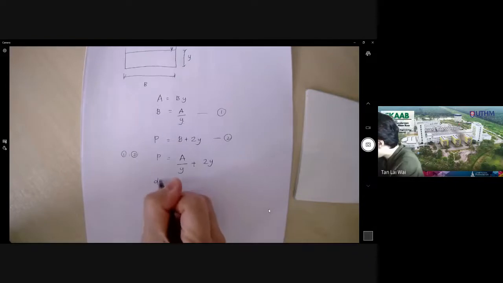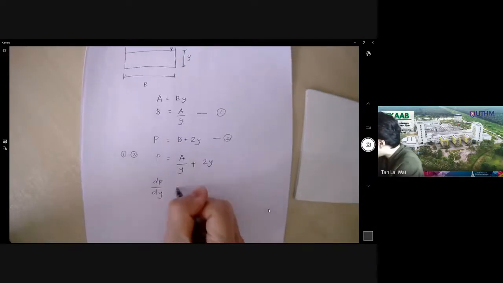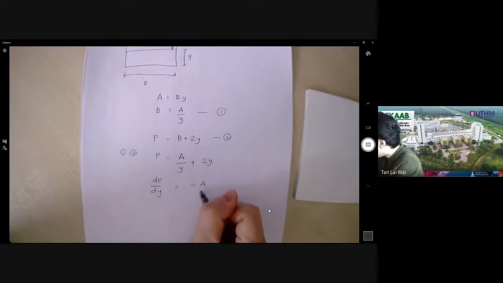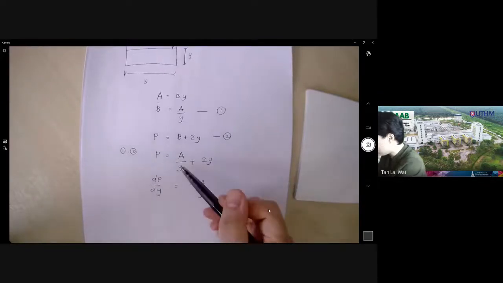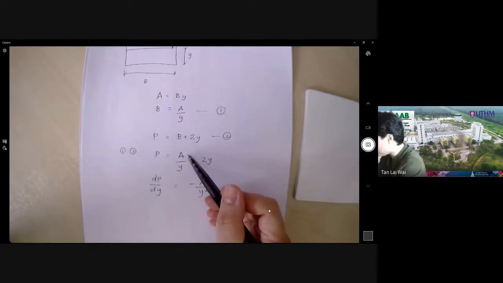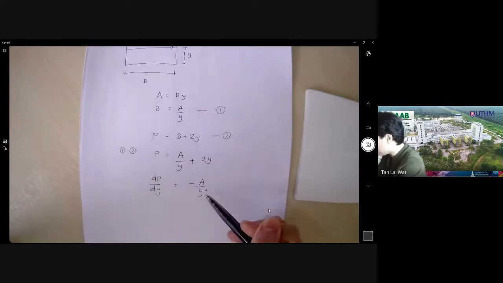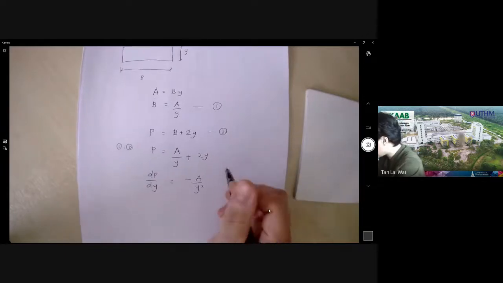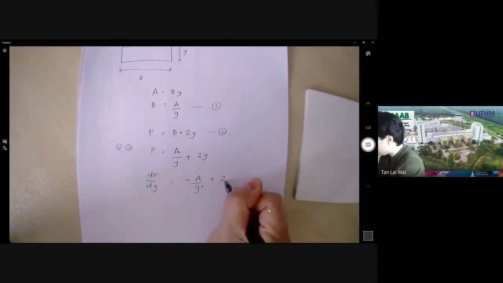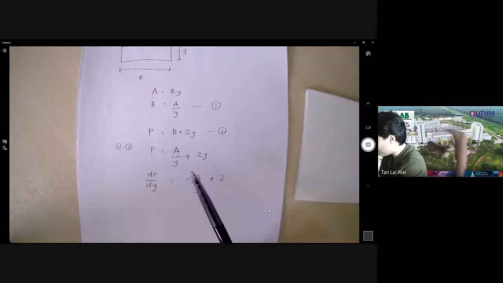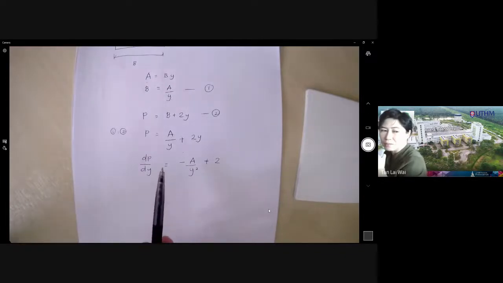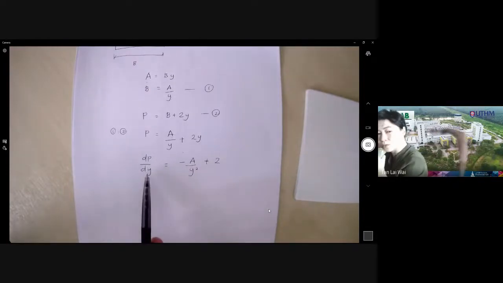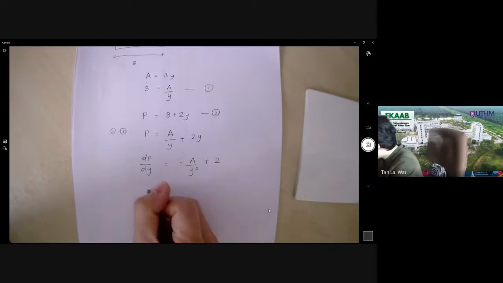What I'll have here is negative A over y squared, because this is actually A times y to the power of negative 1, so I have negative 1, this is negative 2, divided by y squared, plus 2. So I differentiate P with respect to y, and I'll get this. Now, just now we said to get minimum P or best section, we'll set this equal to 0. So I'm going to set this equal to 0 then.